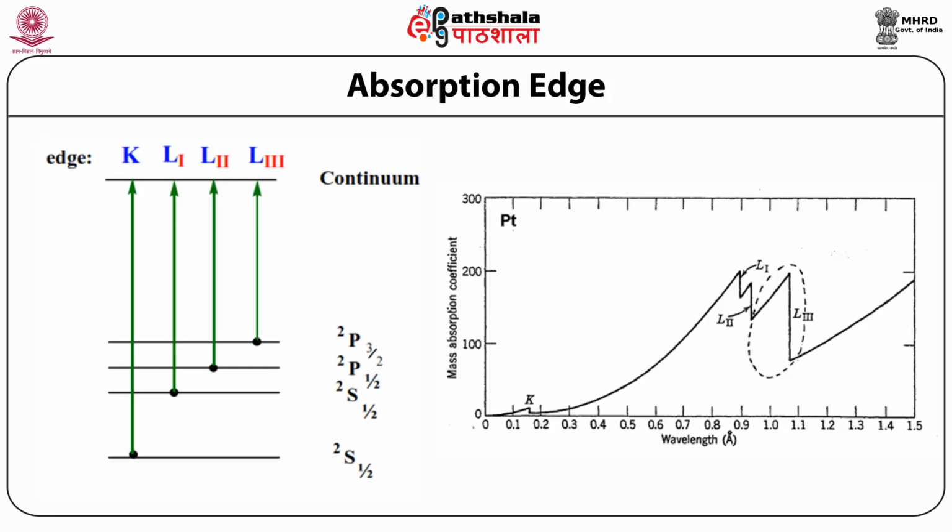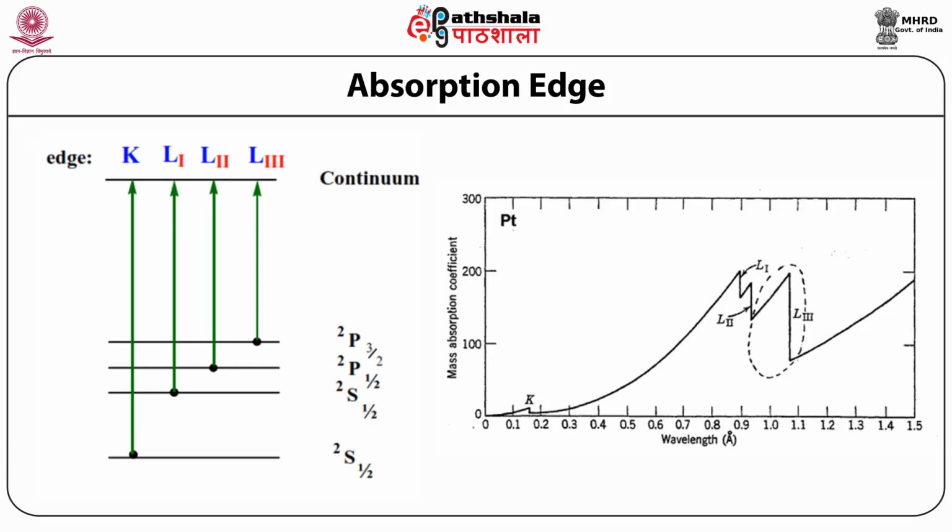And now we can vary this wavelength and see how much absorption there is at a given wavelength. First, as we go, there is a little notch at point 1, and this shows the K edge. Then it again rises up and shows the L1 edge, L2 edge, and L3 edge, and this goes on further.